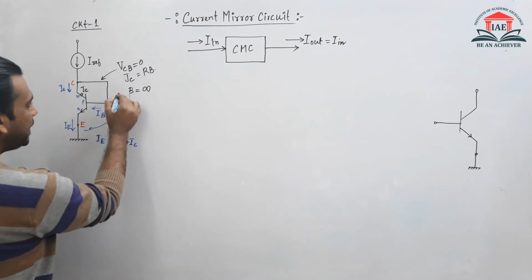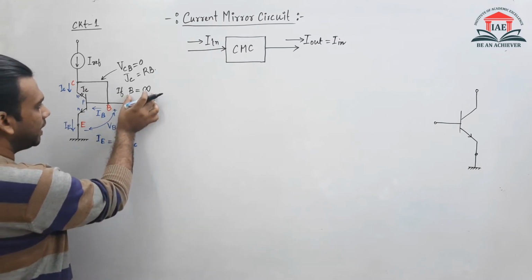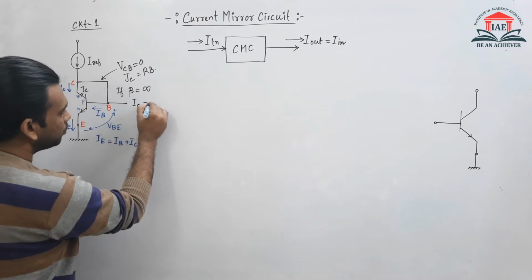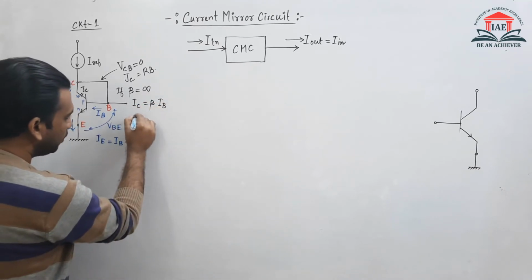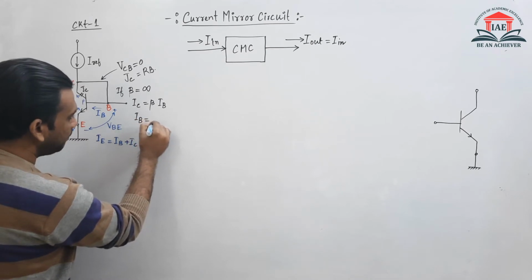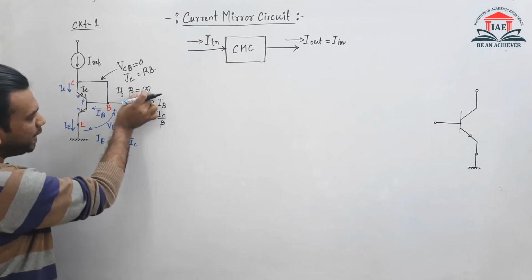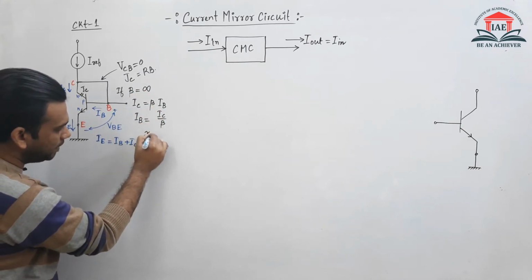If beta is infinite, we know that IC is equal to beta into IB, so IB will be IC by beta. If beta is infinite, then IB will be 0.